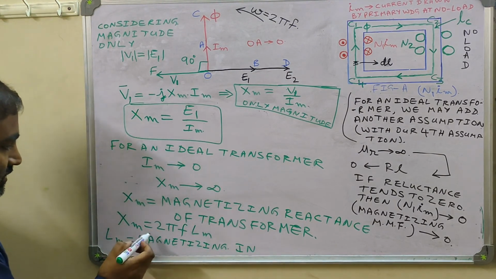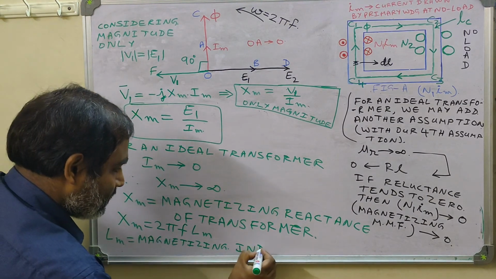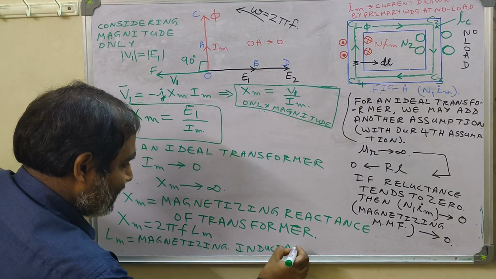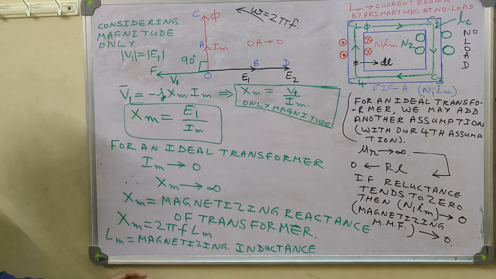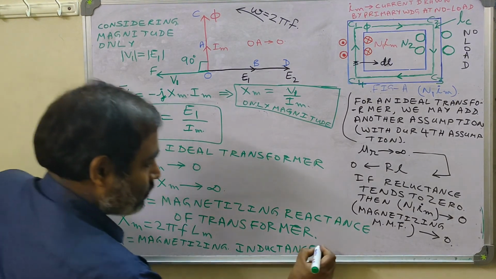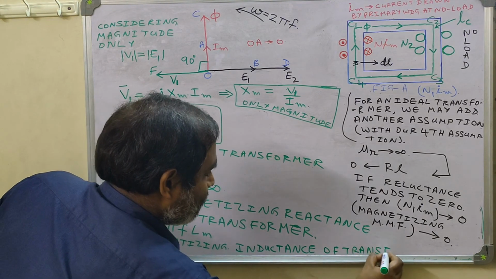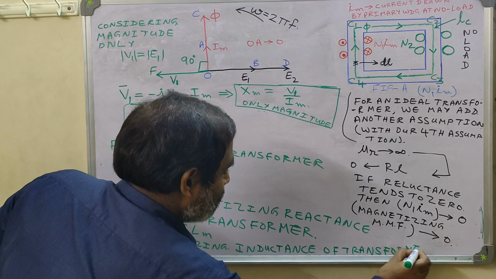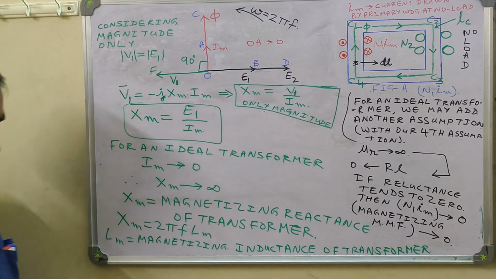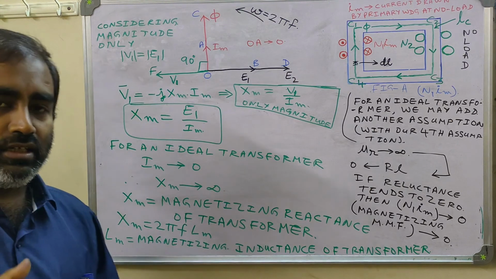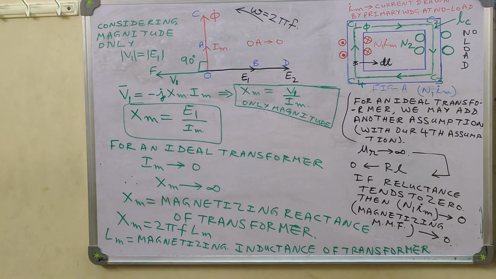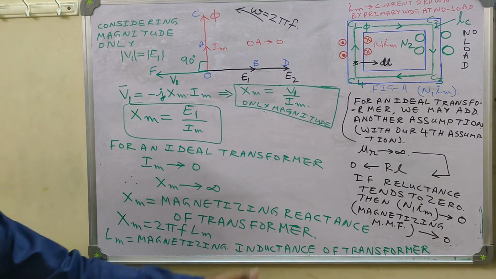Now we are not writing reactance, we are writing inductance: magnetizing inductance of the transformer. This is a very important piece of information from the point of view of circuit theory. If you want to model the transformer by some circuit elements, then one thing you can be sure of is that you need a reactance or inductance, whatever you call it. So Lm is the magnetizing inductance of the transformer.